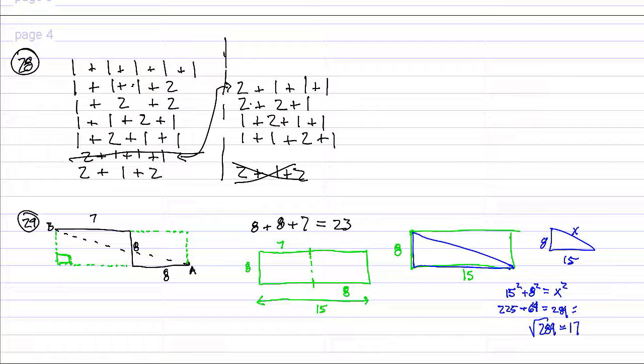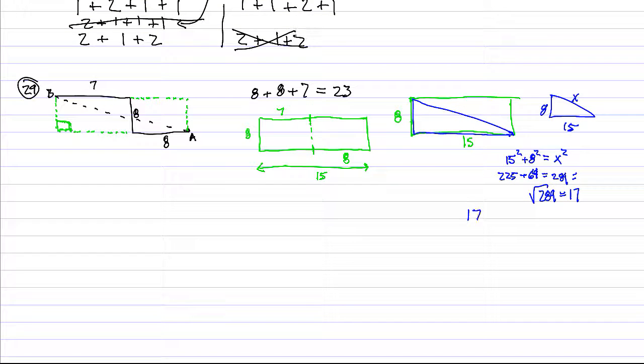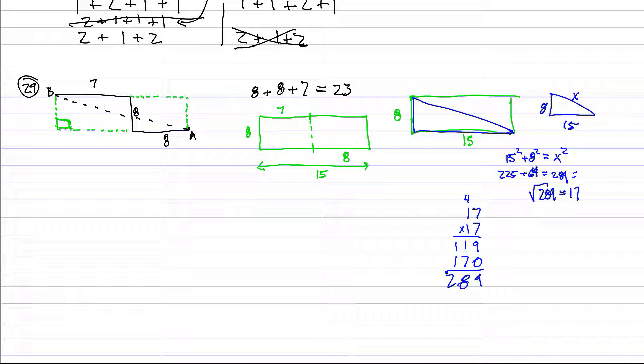And we should just confirm that with ourselves. So 17 times 17 equals 289, so the square root is 17. And so that means that this side is 17.